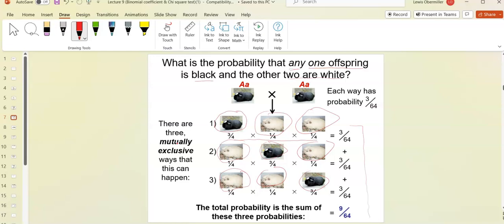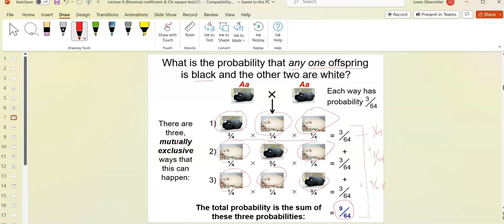The rule of addition says we have to add all these probabilities together to get our probability outcome. So in this case, we have 3/64. We already calculated that from the previous slide, plus 3/64, right? Because it could occur this way, and then plus 3/64, which could occur this way.